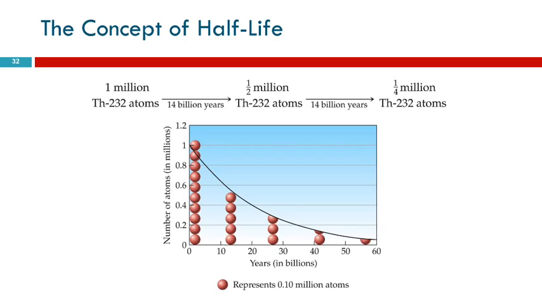We can see this illustrated here. If you're starting with 1,000,000, and here you've got a 14 billion year half-life. After 14 billion years, you're down to half. After another 14 billion, you're down to 250,000, and then 125,000, and then whatever half of that is.